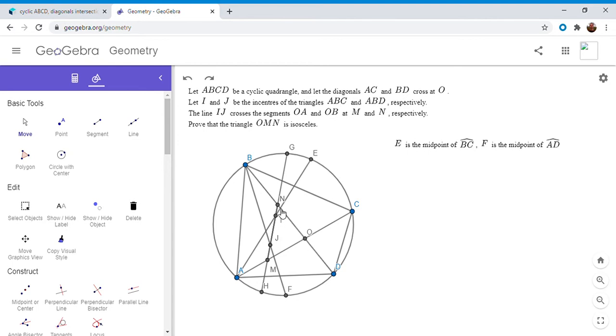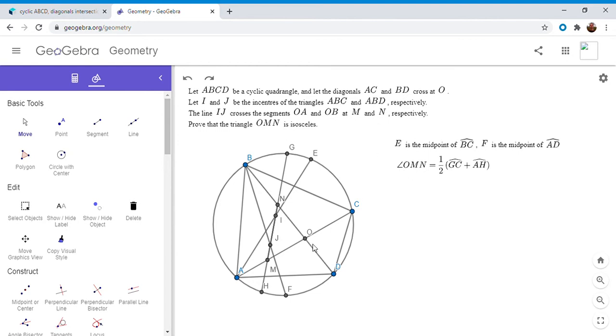So angle ONM, the angle between chords BD and GH, has to be half of arc BG plus half of arc DH. Most of you have probably seen this before, but if you haven't, it's not too hard to prove that fact.